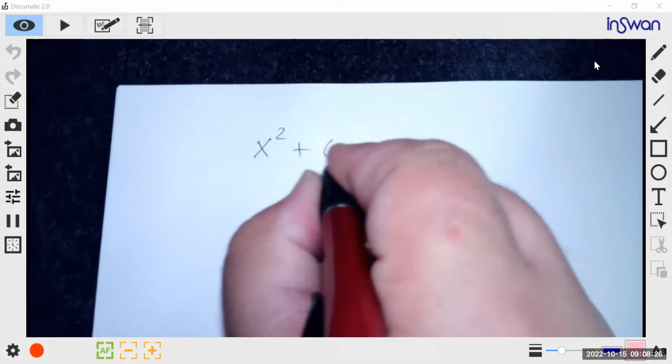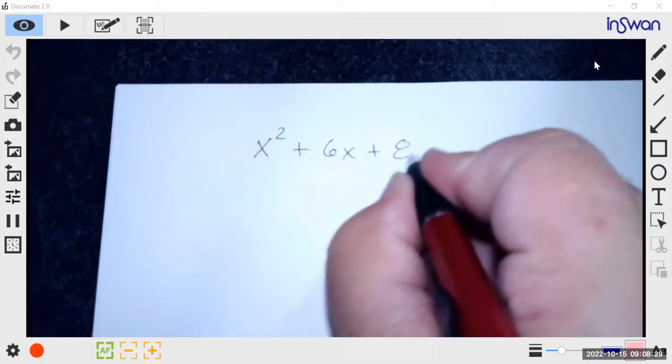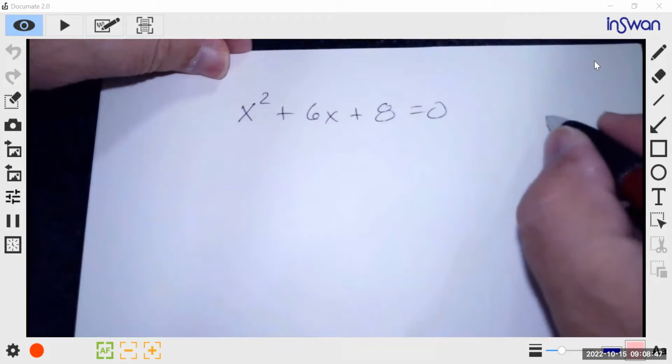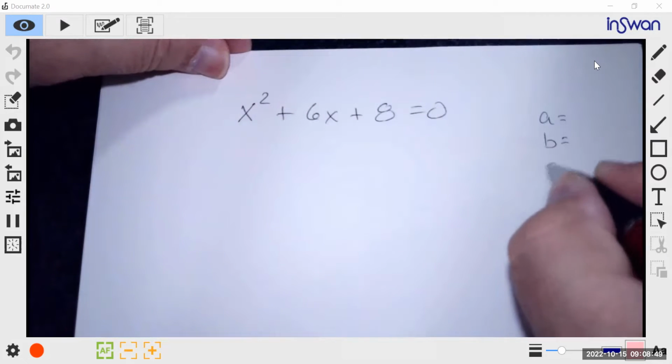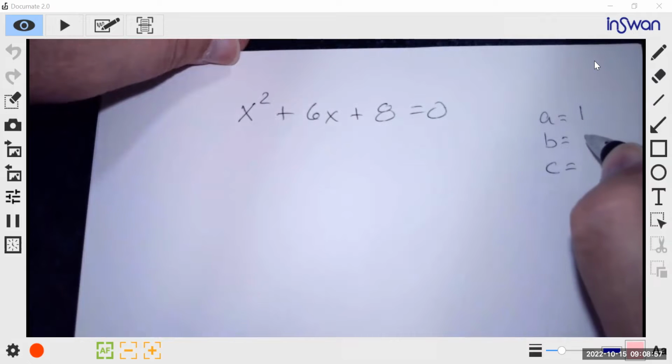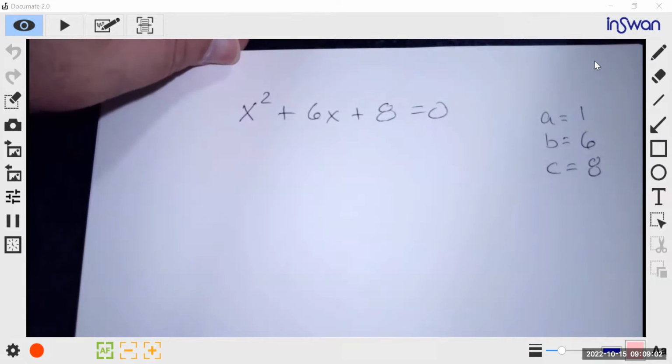X squared plus 6x plus 8 equals 0. Find the vertex. So we have to label A, B, C. A is 1, B is 6, C is 8. The coefficients.